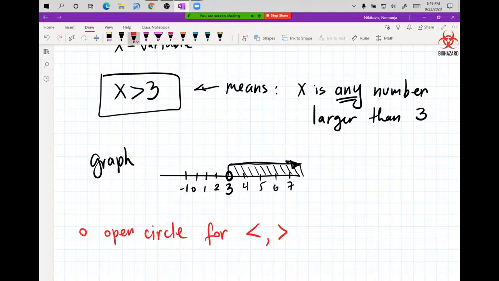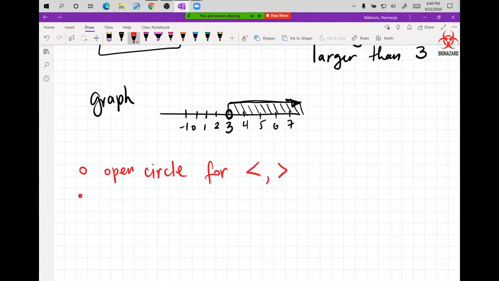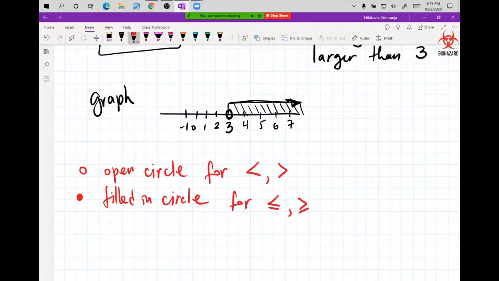So I am not including number 3. Therefore, I use open circle. And then we're going to use filled in circle for less than or equal, greater than or equal, because you can use the number 3.